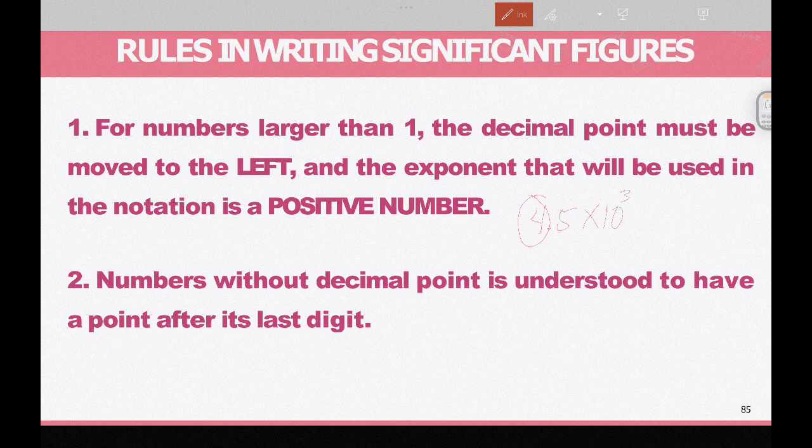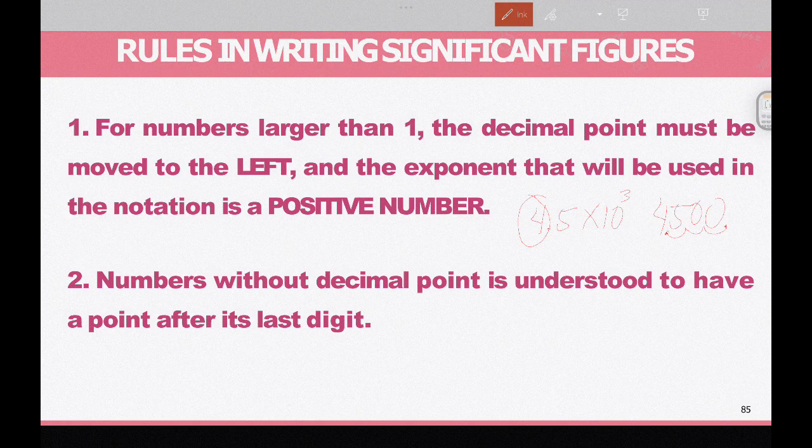and then since it was in original form, if we're going back to the standard form, this is 4,500. Now, we have here a decimal point where we move it 3: 1, 2, 3. Kasi isa lang daw yung kailangan natin.